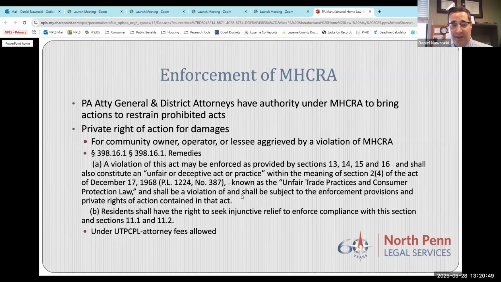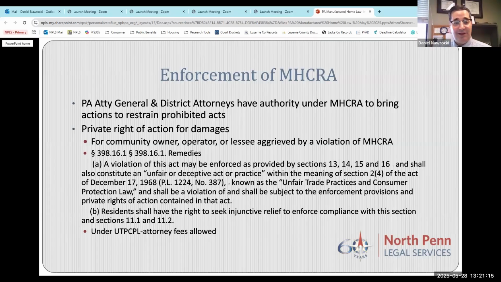And so we talked a little bit about enforcement. As far as remedies are concerned, the Attorney General and district attorneys have authority under the MHCRA to bring actions against park owners. Yeah, I'm sure it happens. Like I said, we don't get very far when we tell a client, call the Attorney General, call the district attorney's office.